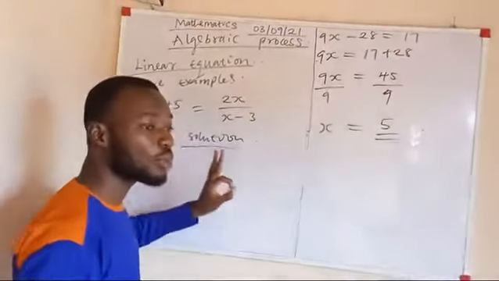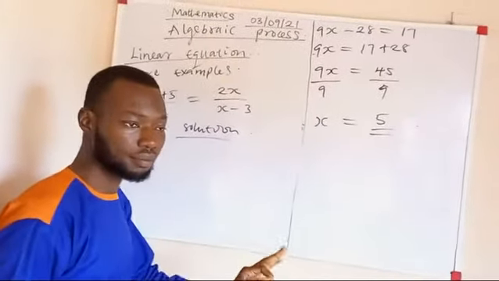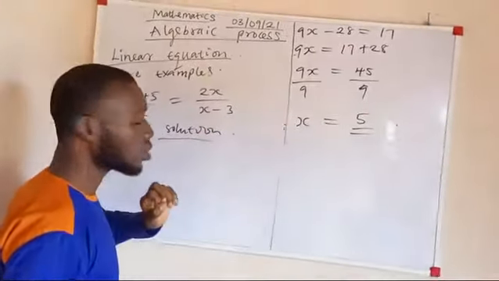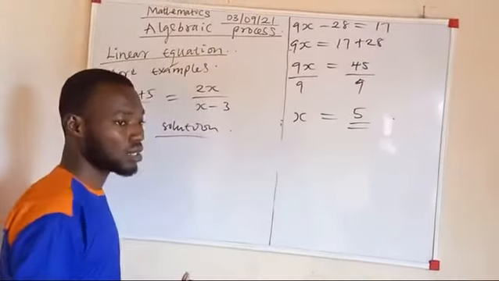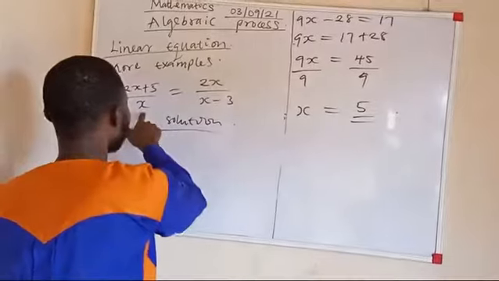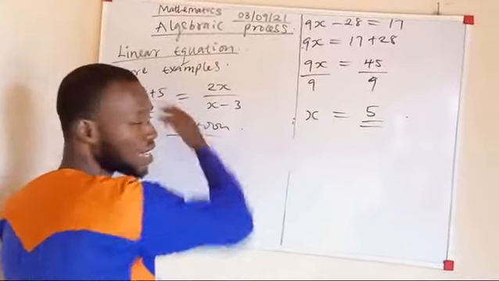You find the LCM of the denominators and multiply each term by the LCM. We're calculating for the value of x here. So we find the LCM of this and this. The LCM of x and x minus 3 is you multiply everything together.